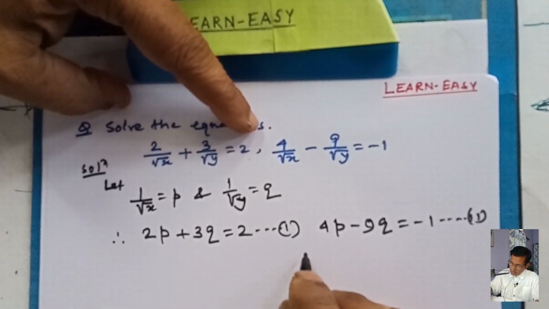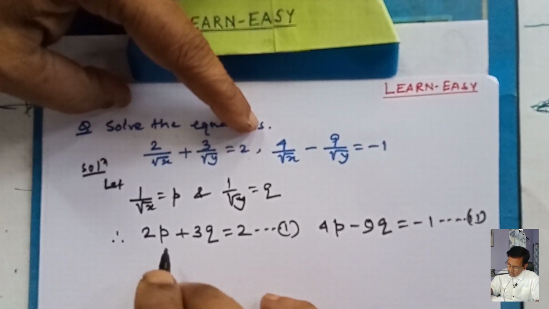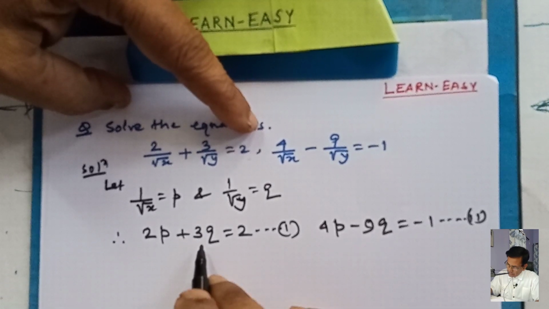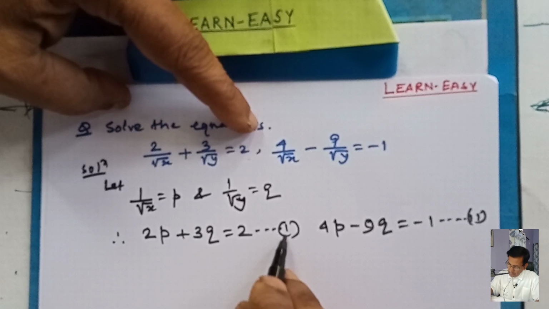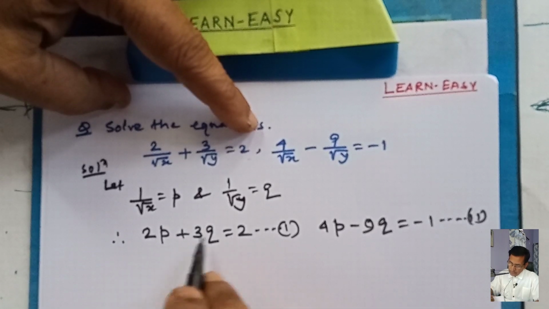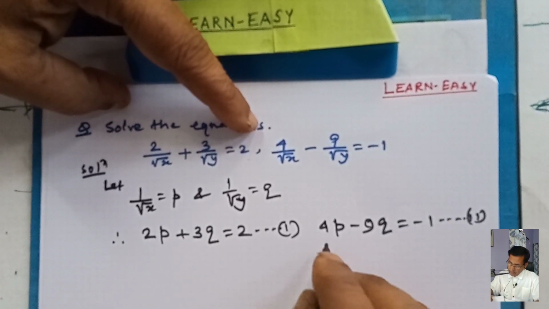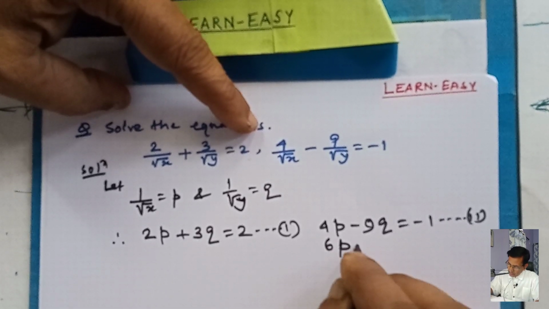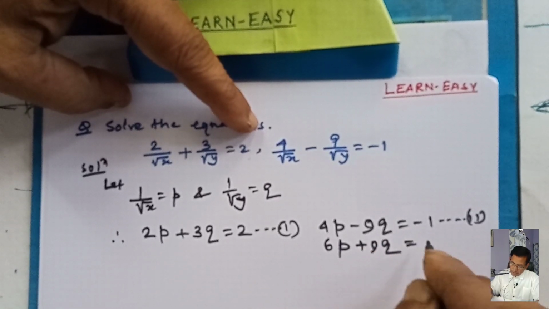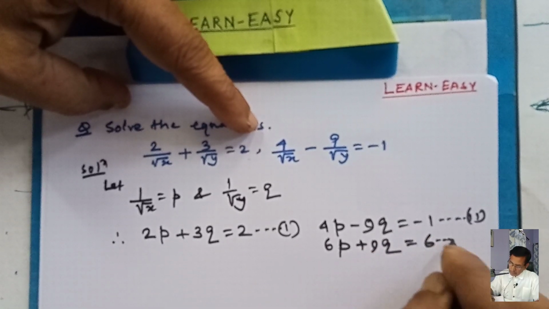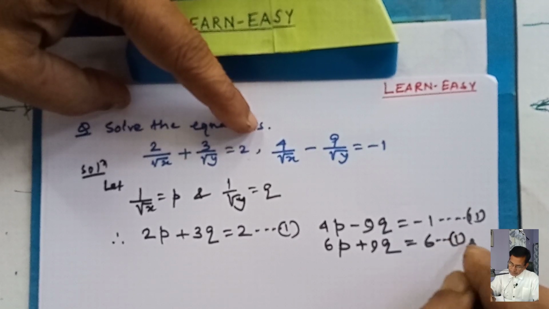To solve these equations, if we multiply equation number 1 on both sides by 3, then it will be 6p plus 9q is equal to 6. This is equation number 1 into 3.